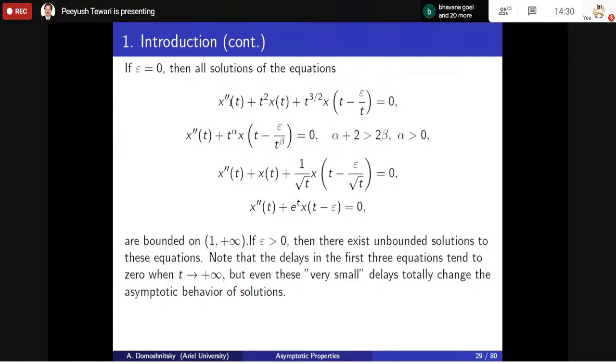But the appearance of delays absolutely changes the asymptotic properties of these equations. We see that all of them have an unbounded solution. Also, in the case of epsilon to 0, all solutions are bounded.